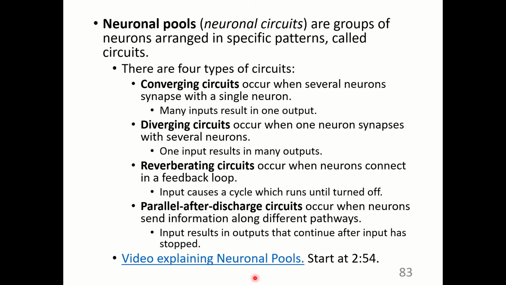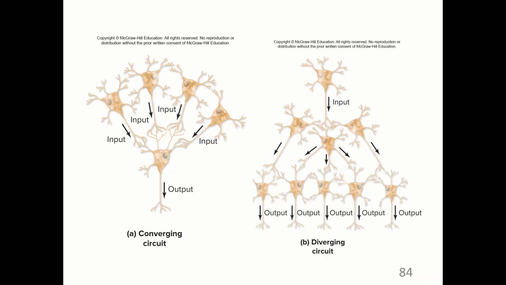So this is a video explaining those neuronal pools. Start it at minute 2:54, and I will include the link. This is a converging circuit where several neurons will converge with the output. So several inputs, one output.